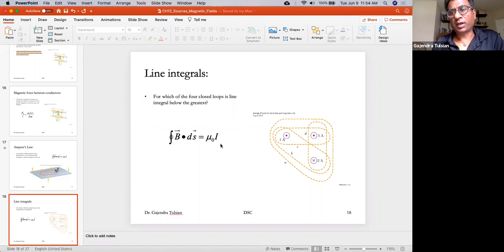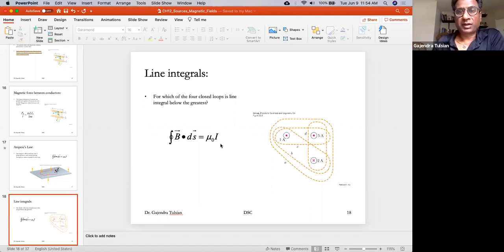You can do this line integral only in very symmetric cases. We'll show you an example where you can do the integral, and we're just giving you the results. So this is Ampere's law, the parallel of Gauss's law.